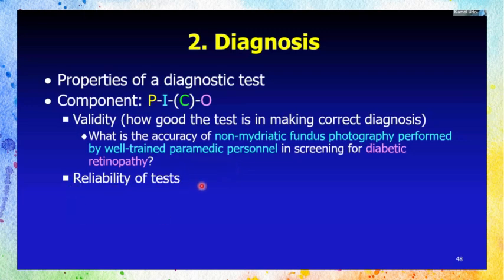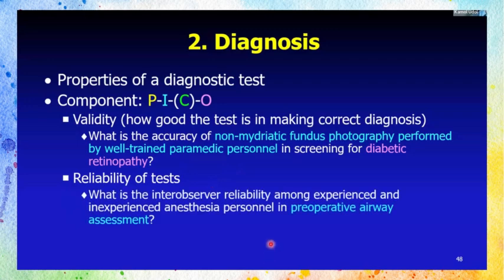And about reliability of the test, whether the test result is constant when measured in the same situation in the same subject. For example, what is the inter-observer reliability among experienced and inexperienced anesthesia personnel in preoperative airway assessment?